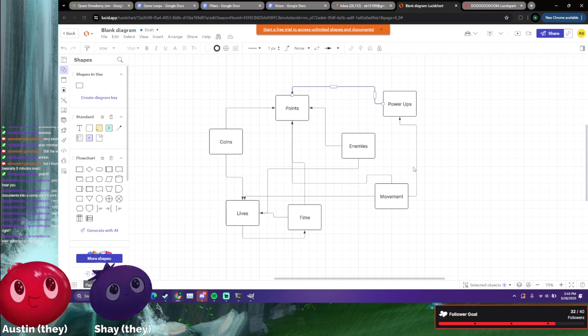You can exchange movement for power-ups, and similarly, like you mentioned, you can also get more movement through your power-ups. But I think that's the only interactions there. Power-ups don't give you more lives, they don't give you more coins, and they don't give you more time. They don't produce enemies as a resource.